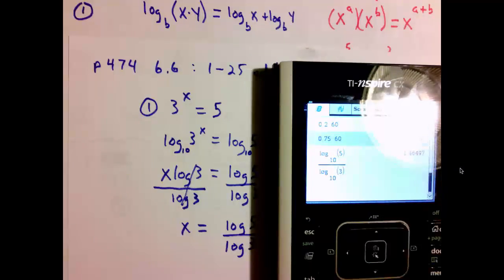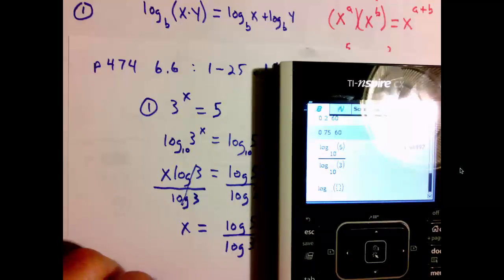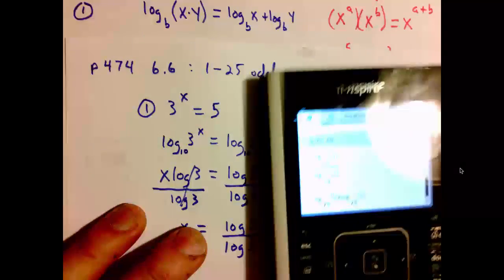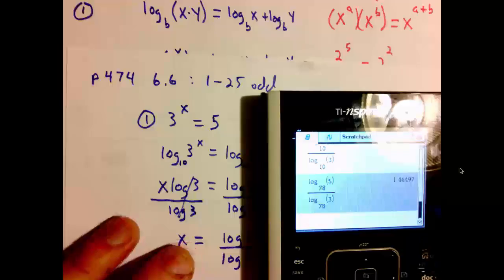I'll show I can do any base and it would be the same. This time I'm going to do base 78. 5 divided by log base 78, as long as it's the same, 3, and this is going to yield that same 1.46. You see it's the same value.